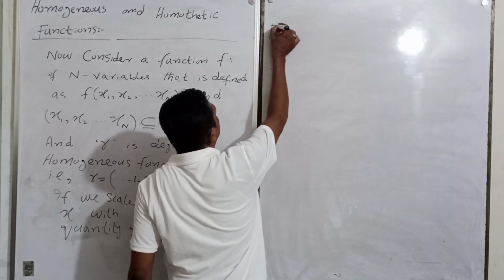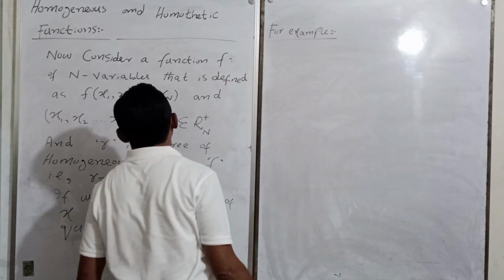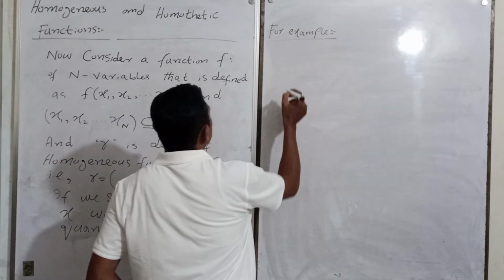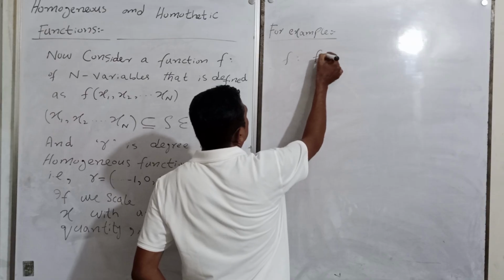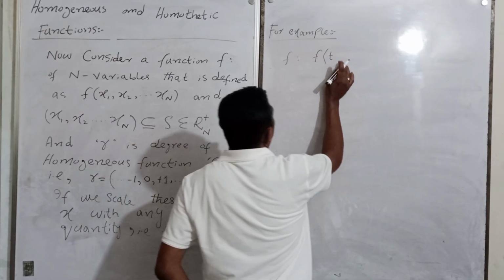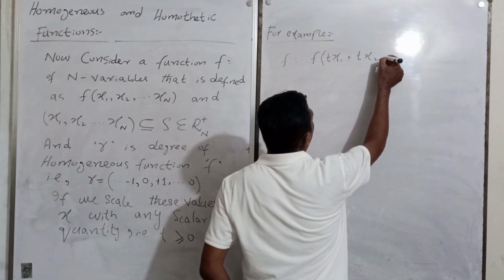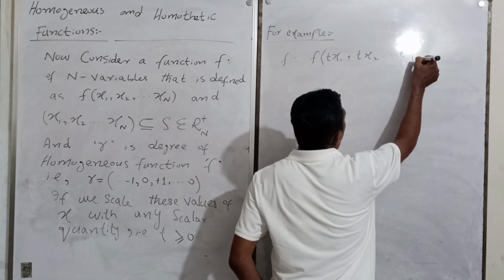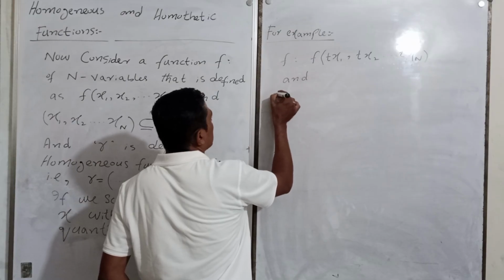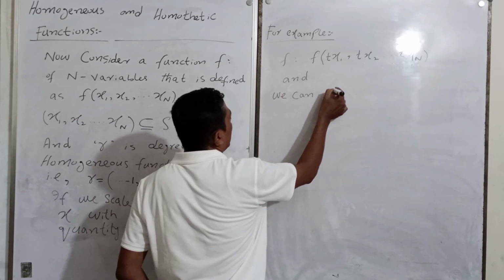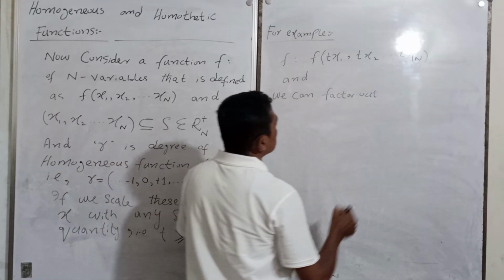For example, now this one: f(tx1, tx2, and so on, txn), and we can factor out t.